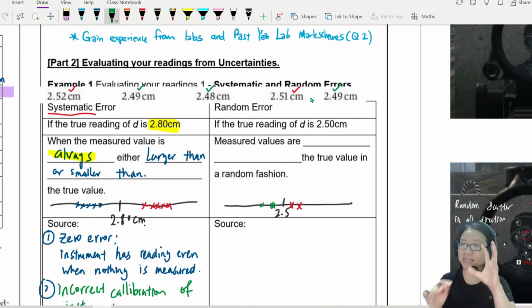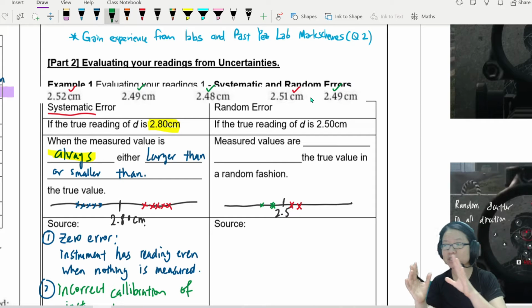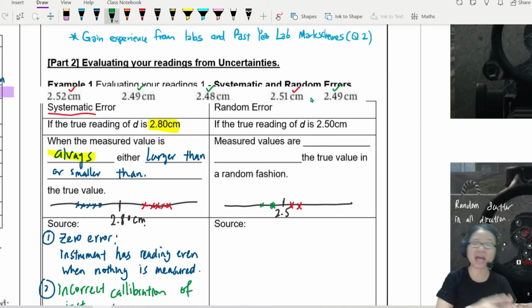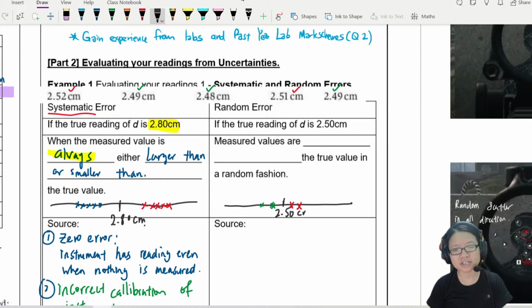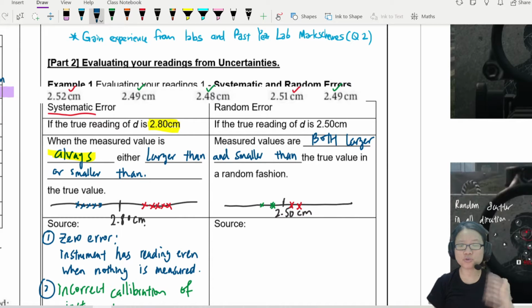So you can see there's a more or less even scatter, a random scatter in both directions, bigger than 2.5 and less than 2.5, because now 2.50 cm is my true value. So the measured values in this case can be both larger and smaller than the true value, in a random fashion.